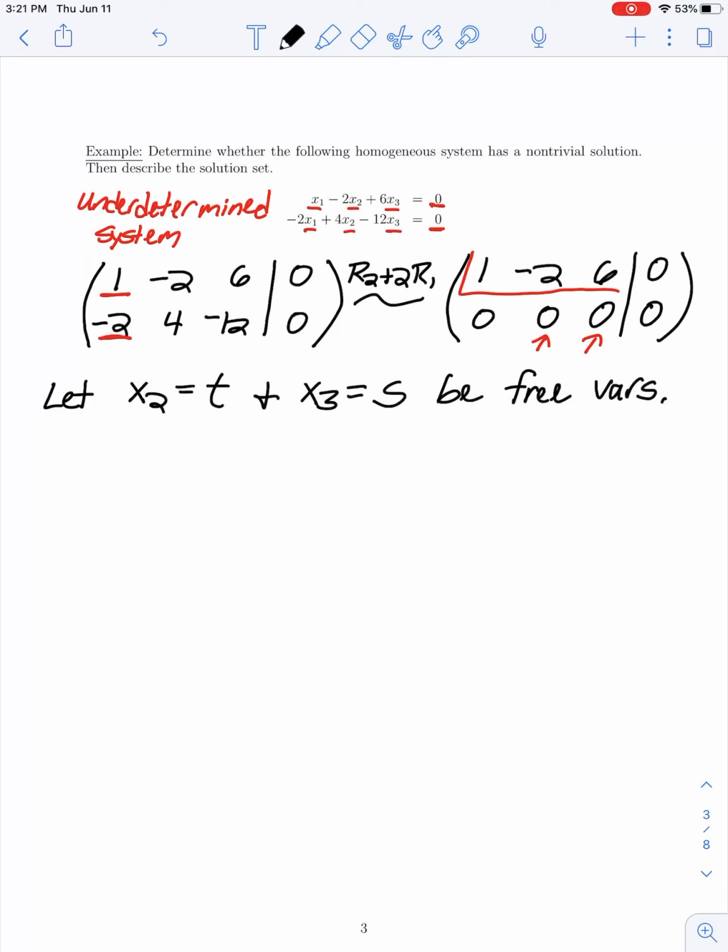Now, once we've made our choices for x2 and x3, we still need to find x1. So looking at the first row of this augmented matrix, in equation form, we have 1x1 minus 2 times x2, which was t, plus 6 times x3, which we chose as s, has to equal 0, or equivalently, x1 has to equal positive 2t minus 6s.